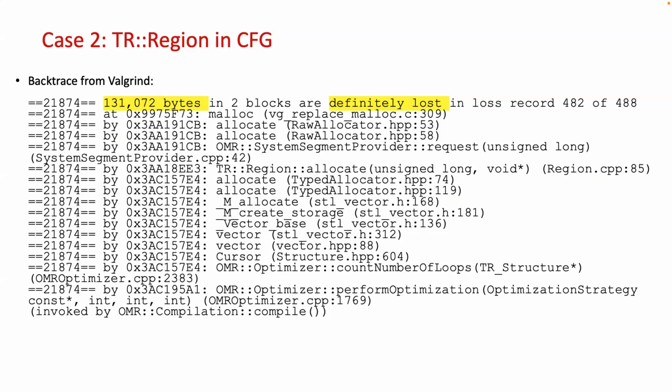From the stack traces we see it goes back to cursor, then finally down to the raw allocator, the malloc, and we find out that the memory is totally lost, never freed.